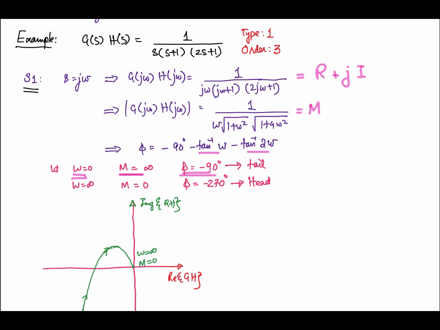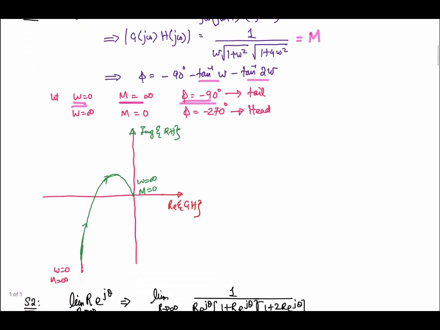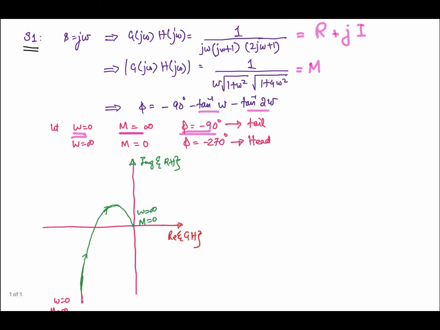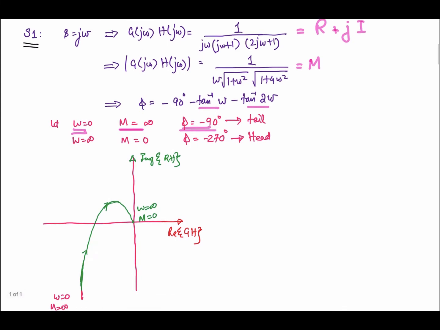So if I sketch the polar plot of that one, that is basically the plot of the real and the imaginary component. Okay, so real along the x-axis and imaginary along the y-axis. So either we take the magnitude or we consider the real and the imaginary part. So our polar plot will look like this.